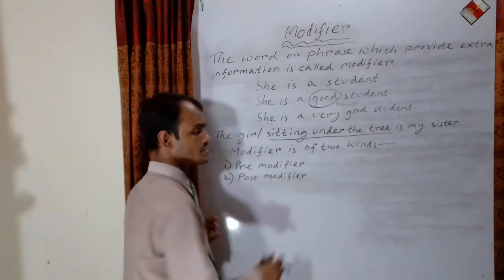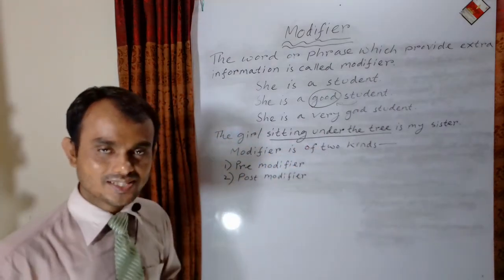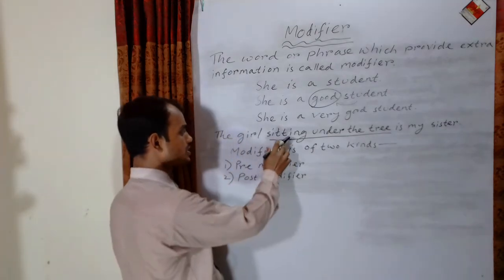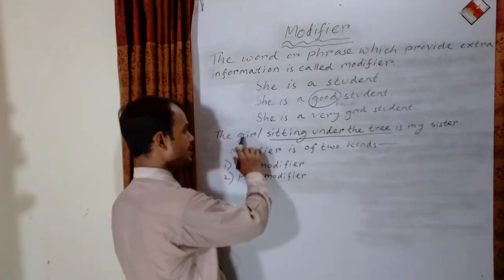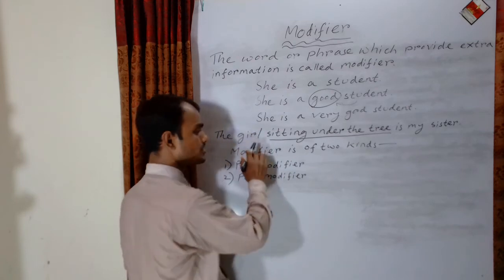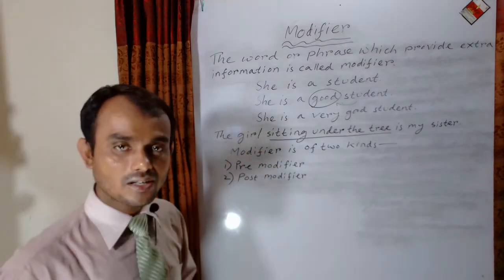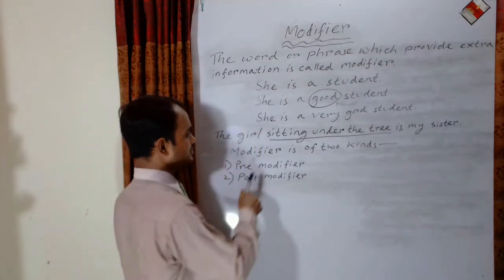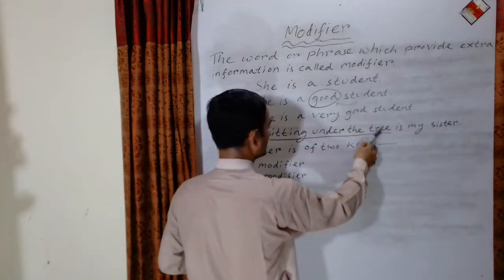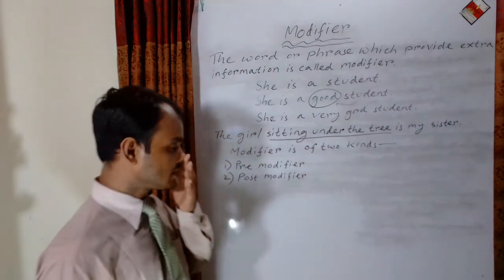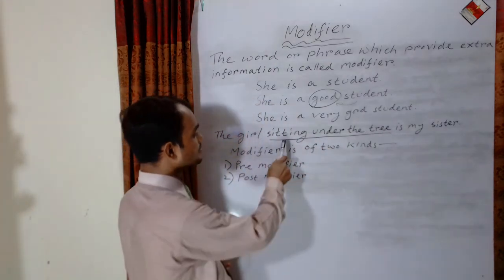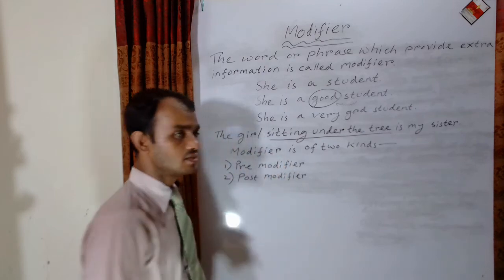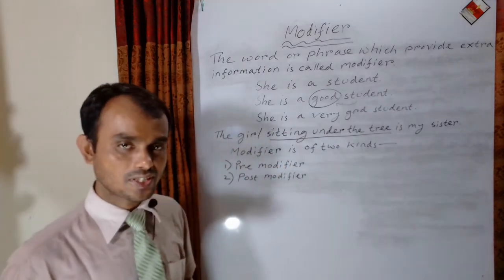Sitting under the tree, this group of words is modifier, and this modifier is set after the noun girl, so it is post modifier.